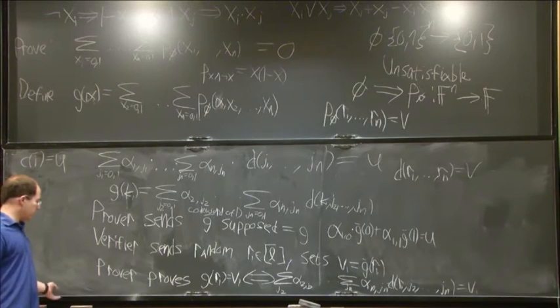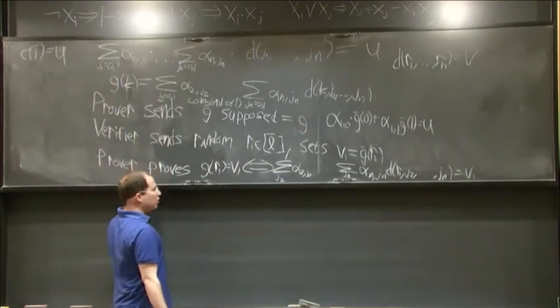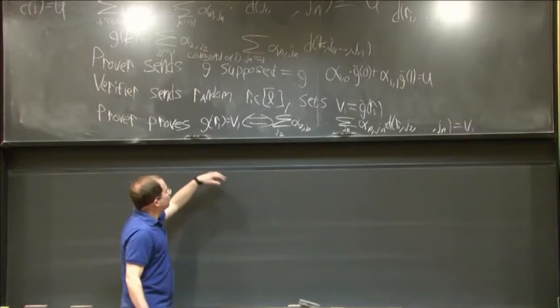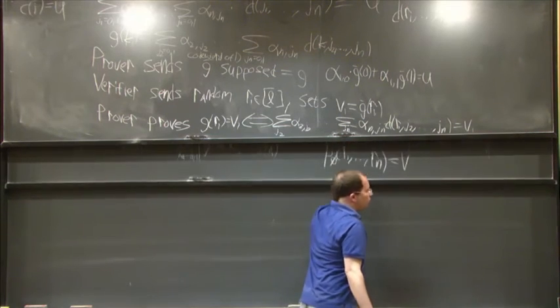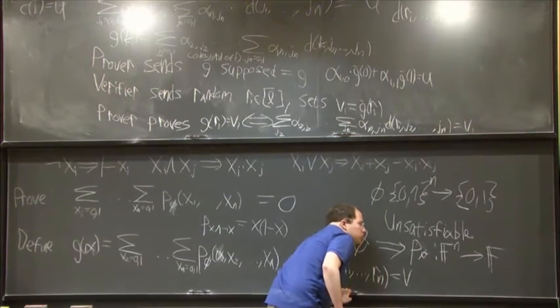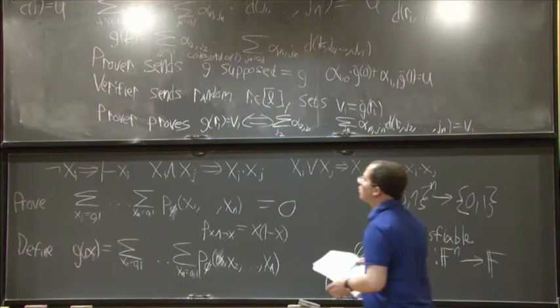Okay, so now let's do the second part, which is revisiting the arithmetization. What can I erase? So let me see.